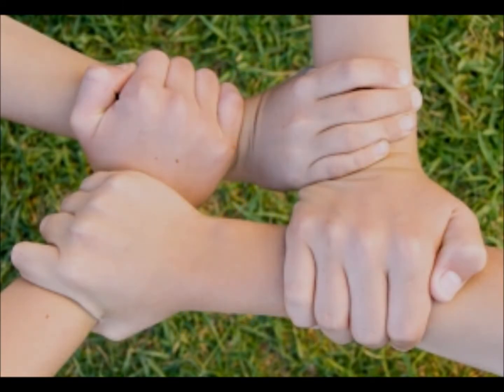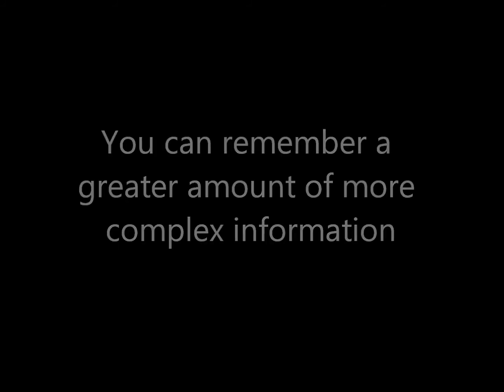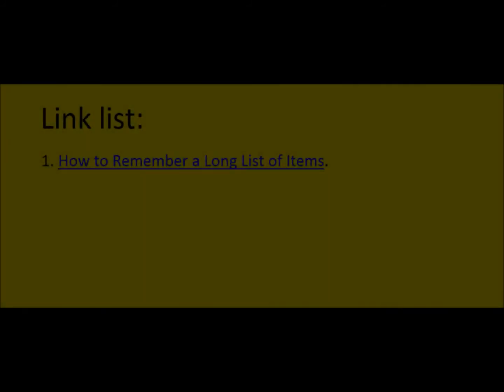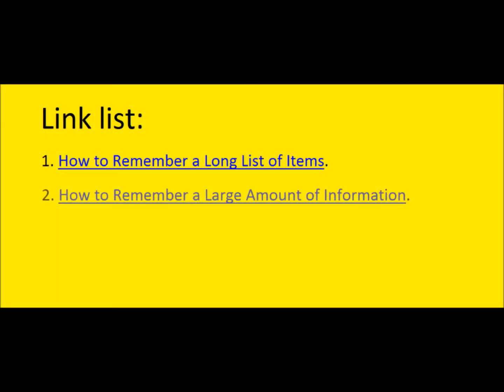However, in this memory technique, all the cues are put into a logical order in a specific location. This means you can remember a greater amount of more complex information. So click number 2 on the link list below for how to remember a large amount of information.